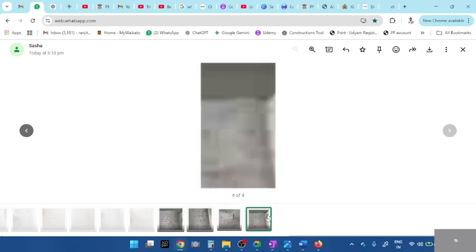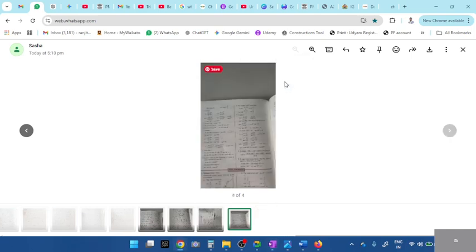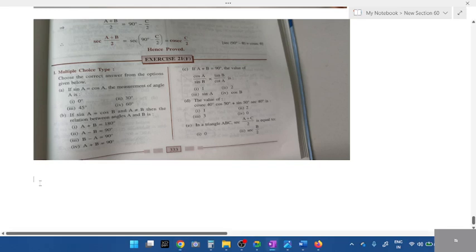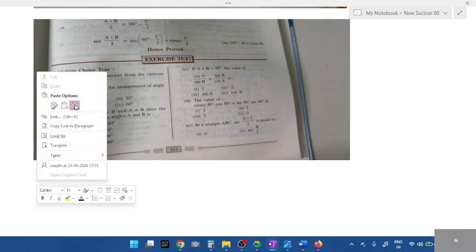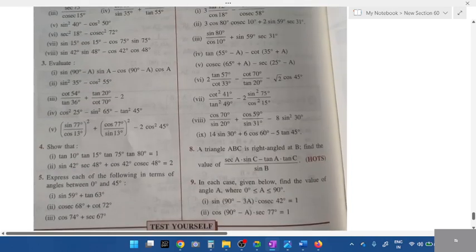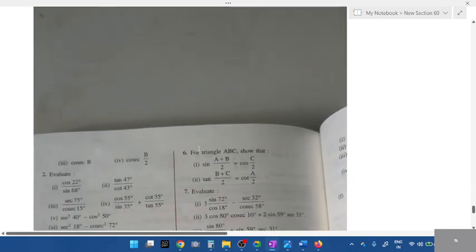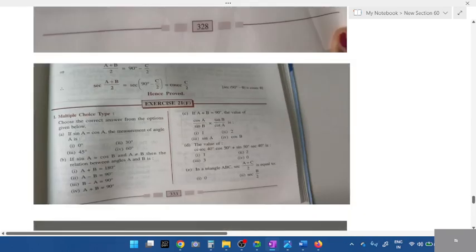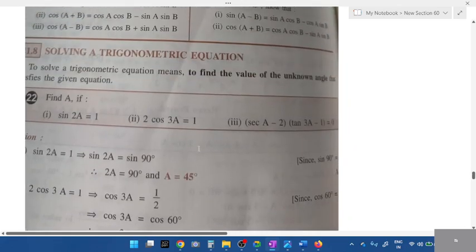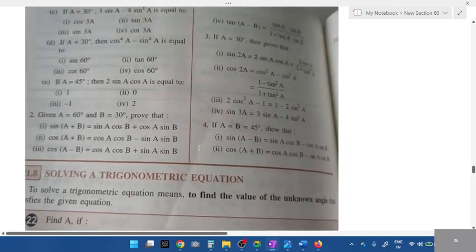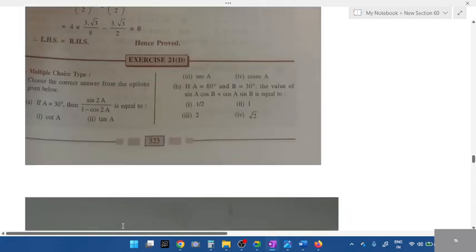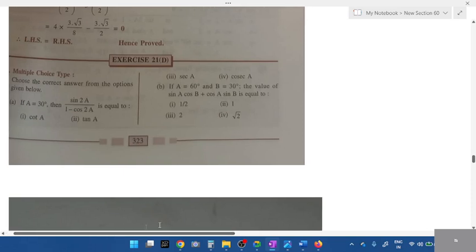Yes, Sasha, that's it. Only this exercise. Okay, fine. We'll start 21 now. Okay, we'll start with 21D, students. Look at the screen.